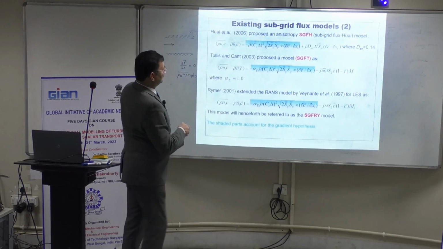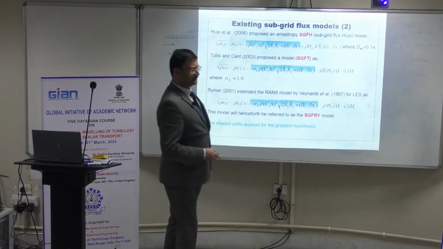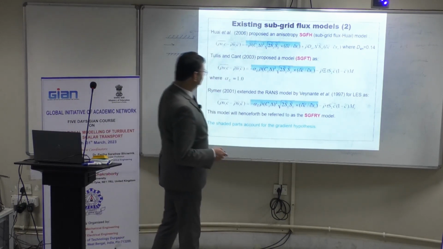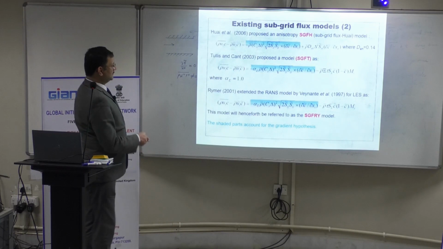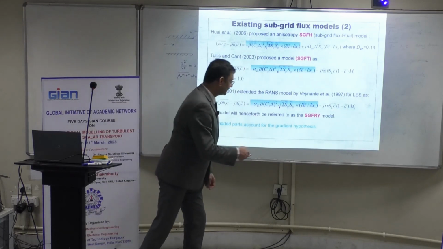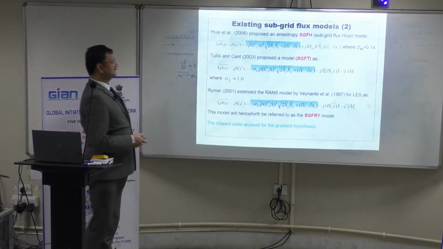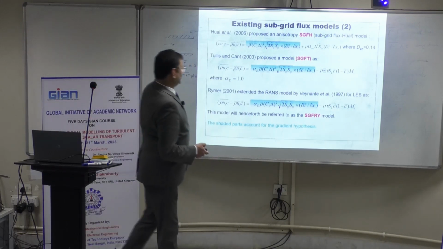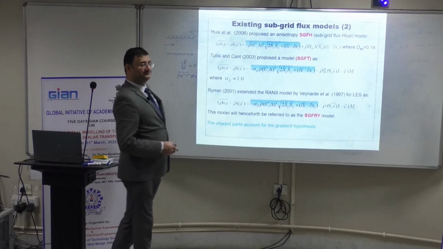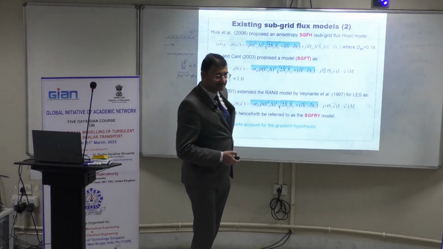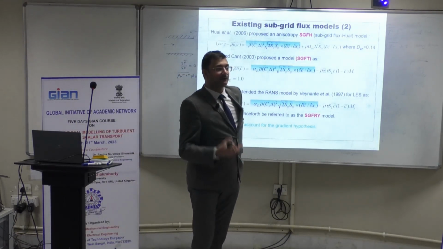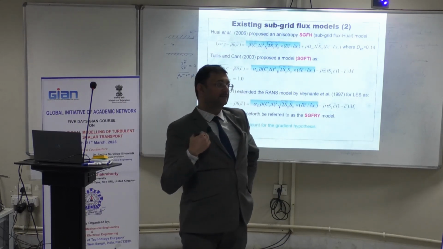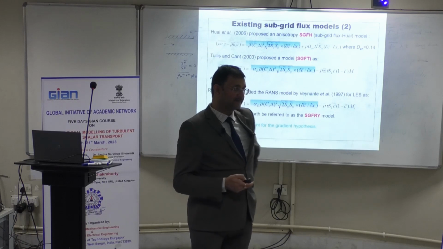Tallis and Kant came up with this, which is very similar to Richard's model or Veynante's model, which we talked about earlier. Reimer also came up with another model which is, again, not very different from Tallis and Kant's model. All the shaded parts account for the gradient hypothesis. The other part is the extra term which has been introduced to take care of the thermal expansion due to heat release.